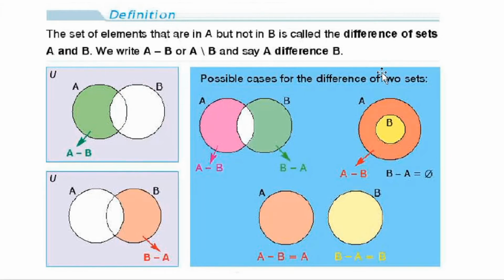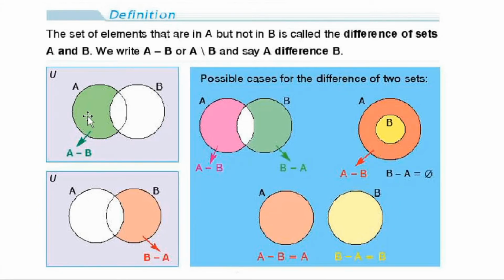Looking at this Venn diagram, the green shaded part here is the value of A difference B. This is the universal set, this is the set A, and this one is set B. So the shaded part here is A minus B. On the other side, if I do the reverse and this side is shaded, then this is B minus A. So there are possible cases for the difference of two sets.